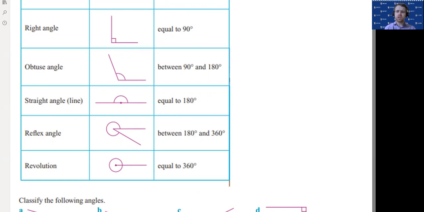And we call that a straight angle or a line. A straight angle is almost no angle at all. If I just draw a straight line, then there is an angle there of 180 degrees. You might not see the vertex, but we can still consider there to be an angle there of 180 degrees.